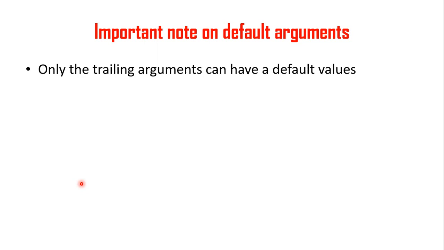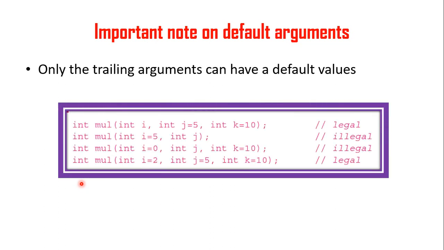The first thing is, only the trailing arguments can have default values. That means only the arguments at the last of the argument list can have default values. Understand? Here you can see the function multiplies with arguments int i, j, k.